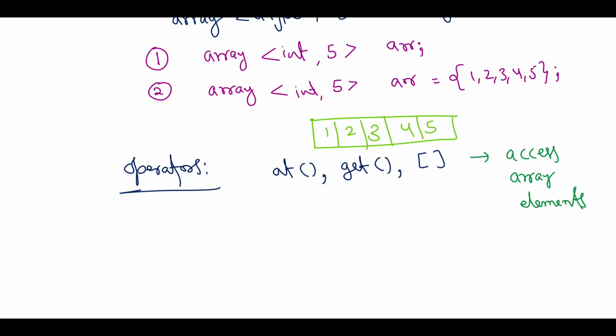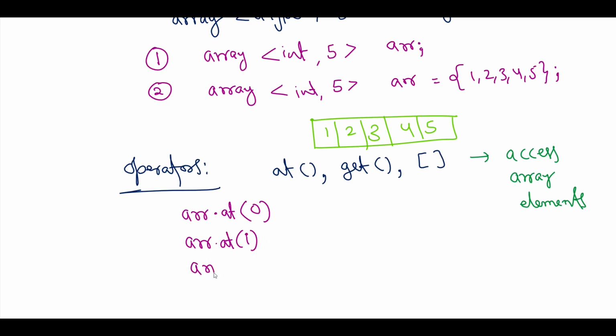And how you are going to access these array elements? So you can write arr dot at. If you want to access this 0, it means 0th index, so you have to write 0 here. If you want to access first, so you have to write first here. So in general you have to write I here, if you want to access ith element.